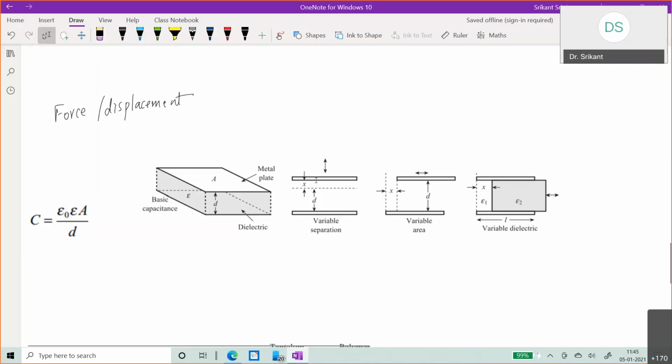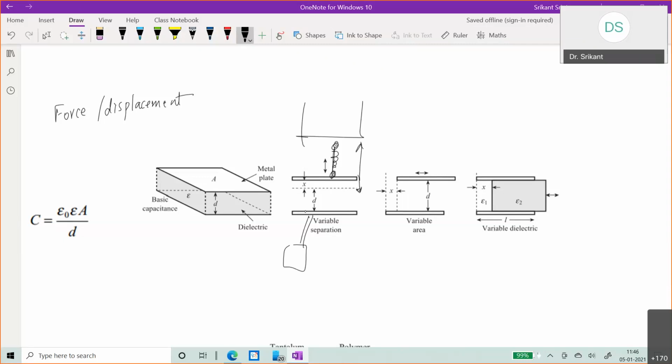The way the capacitive sensor works is I can have one plate fixed to some measurement system, and the other connected to the actual activity, some physical medium that I'm trying to measure, like a spring. If some force is applied on the system, it will pull the plate up or push the plate down.